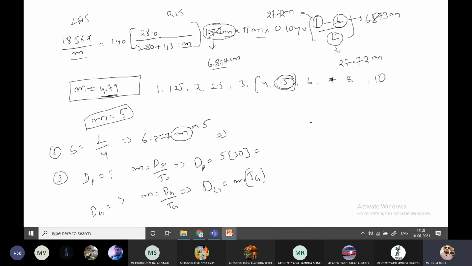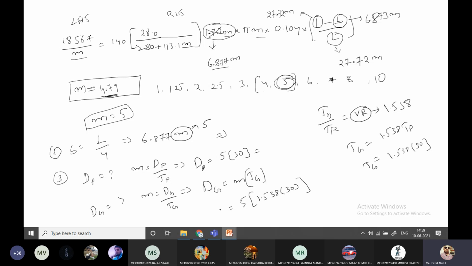Again TG we don't know, but we have the relation TG by TP equals VR, the velocity ratio. We got the answer for VR. How much did we get the VR value? 1.538. So with this relation, TG equals 1.538 into TP, that is 1.538 into 30. That is TG. Now write here 5 into 1.538 into 30. That is the DG.